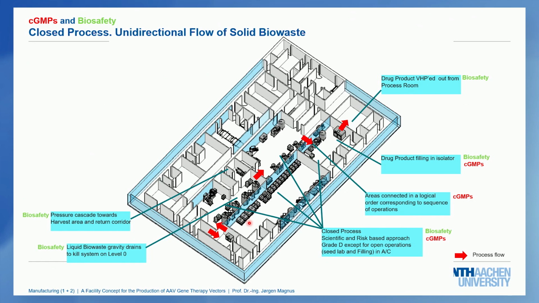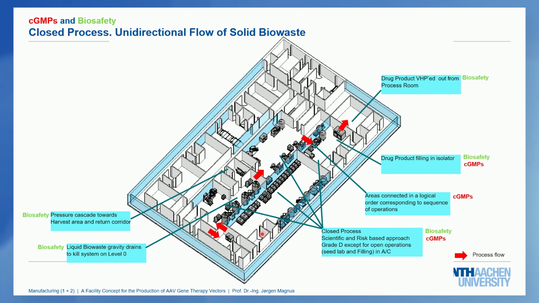So you protect the product by having a flow from the inside of the production room towards the outside, but you protect the operators the other way around. You protect the operators by having a directed flow into the airlock, and you protect the product by not getting contaminated air into the production room.